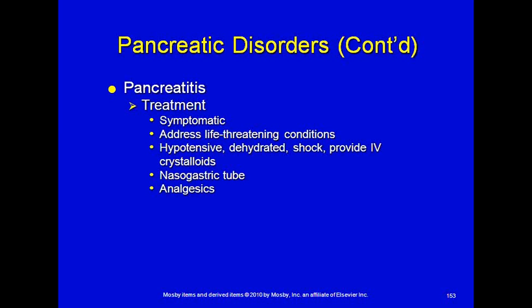Treatment for symptomatic pancreatitis is to address any life-threatening conditions, and in that situation, it's going to be volume loss. The patients may be hypotensive, dehydrated, may be in shock, so establishing an IV and giving them some IV crystalloids would be appropriate. Nasogastric tube to evacuate the stomach.